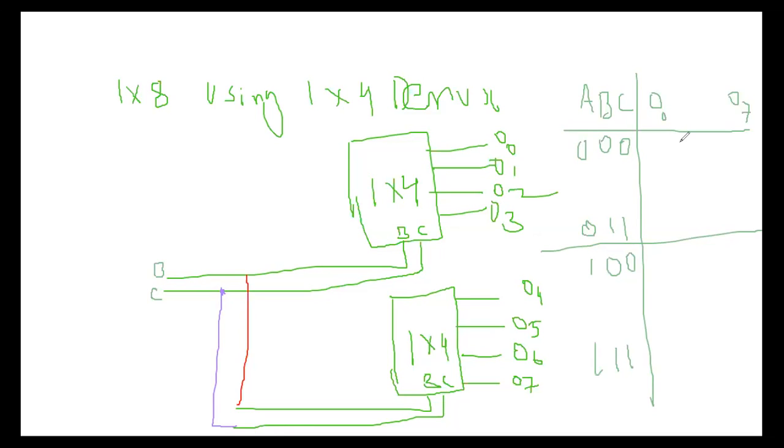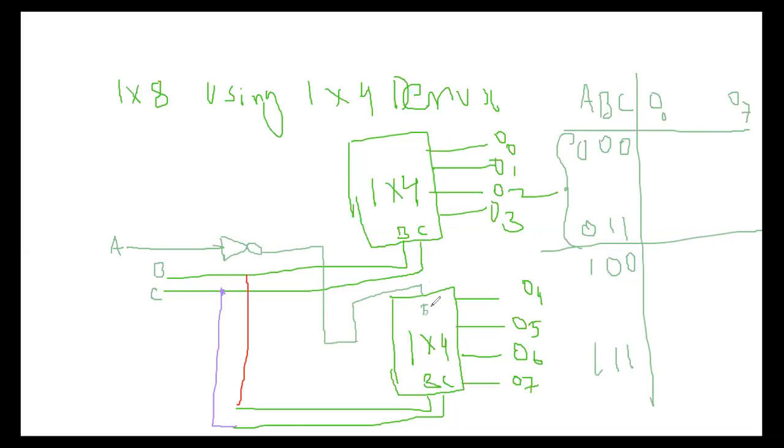So in this case, when I'm selecting A is equal to 0, let us take the first one. I'm taking A here, and using one inverter here, I'm connecting it as one enable input.